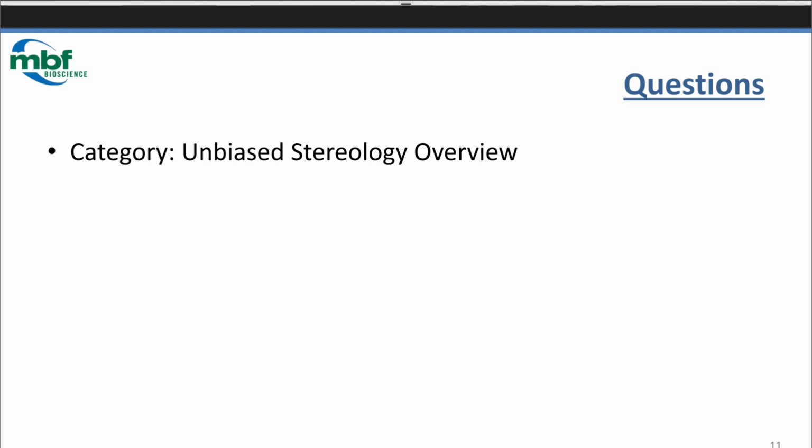Instead, we want to use systematic random sampling, where we have an interval. Let's say you have 100 sections through the whole region. Then you might set your interval to 10. You'll do a random starting section, and now you have sections that go all the way through the region instead of just looking at the first 5 sections. So you're right, Brady, that is biased.